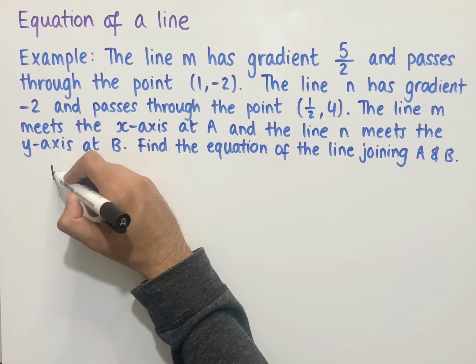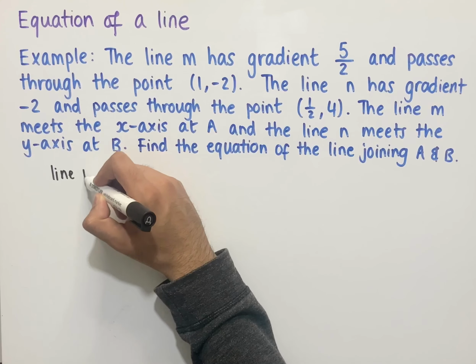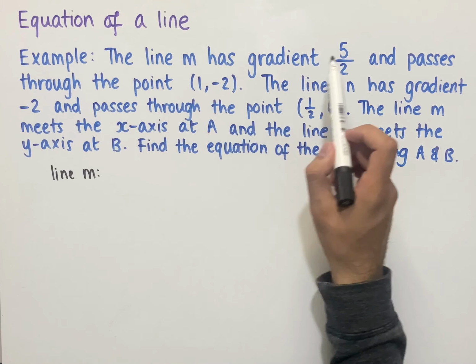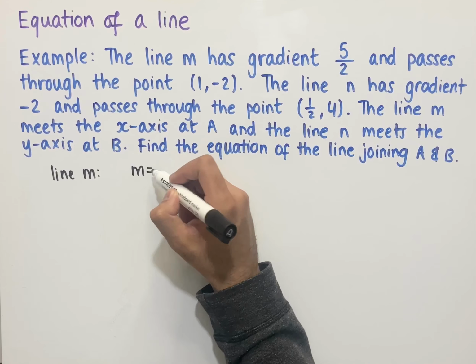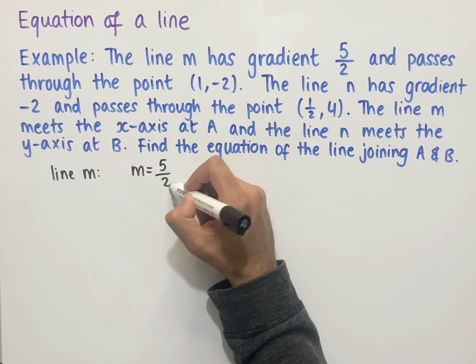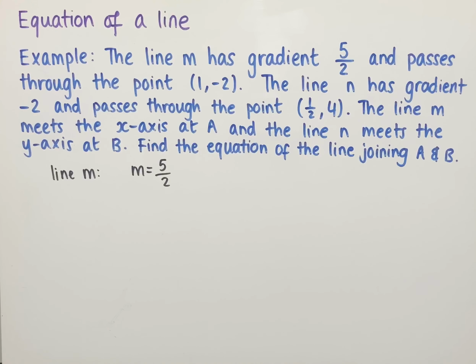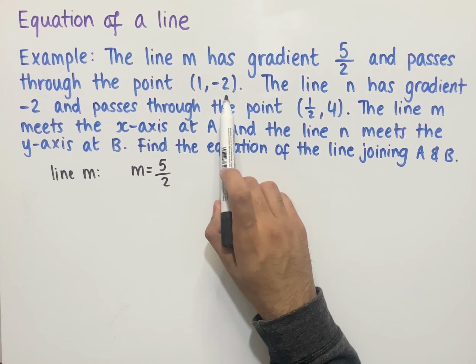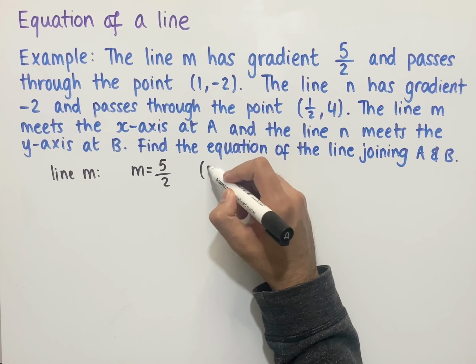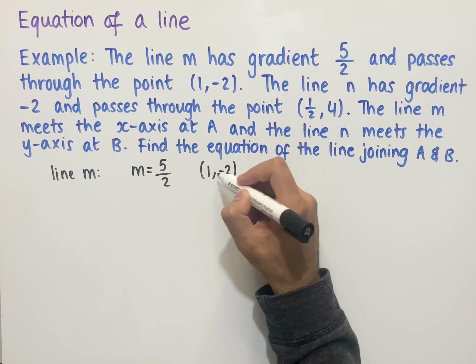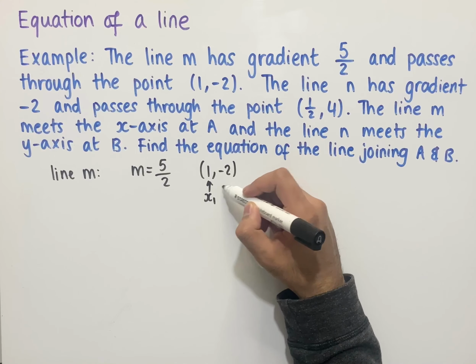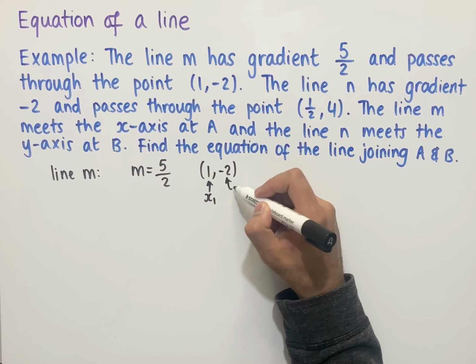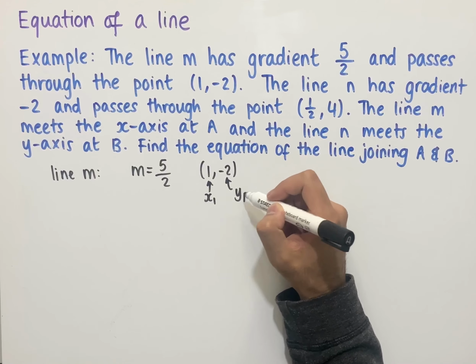So for line M, we know that the gradient is given by 5 over 2, and so we can label that as m for gradient, which is 5 over 2. We also know that line M passes through the point (1, -2). So this is a point that the line passes through, and this point has x coordinate 1, so we label that as x1, and y coordinate -2, so we label that as y1.